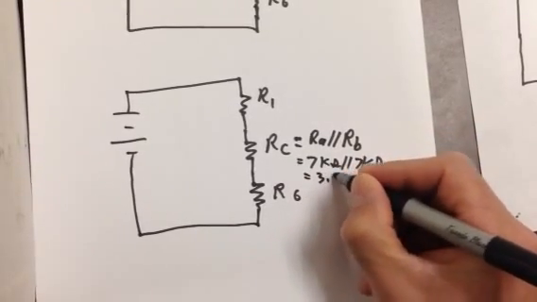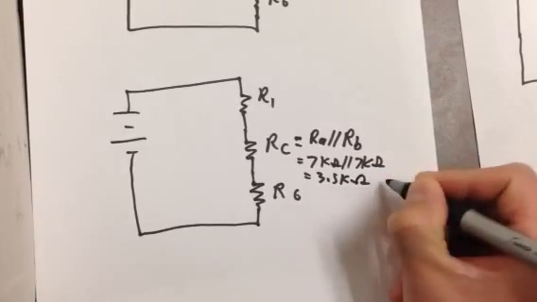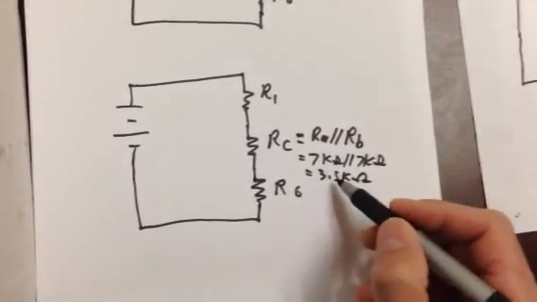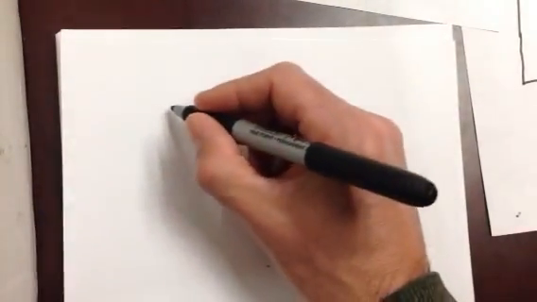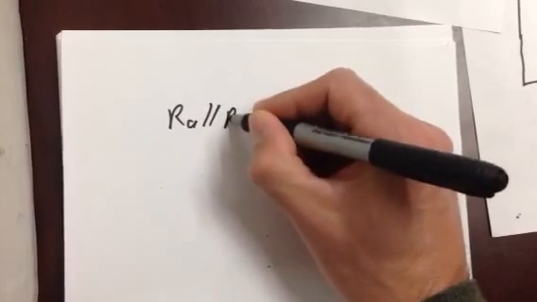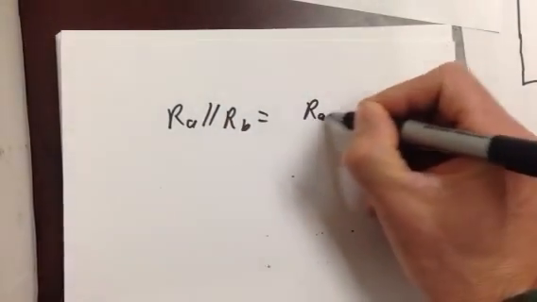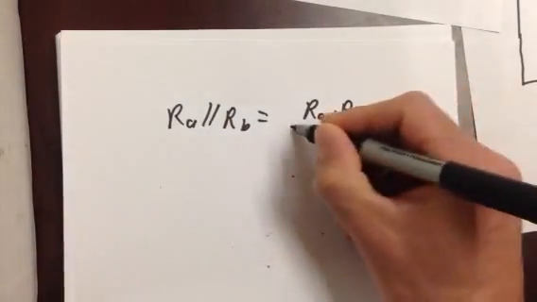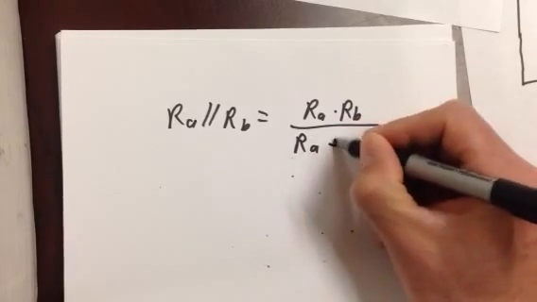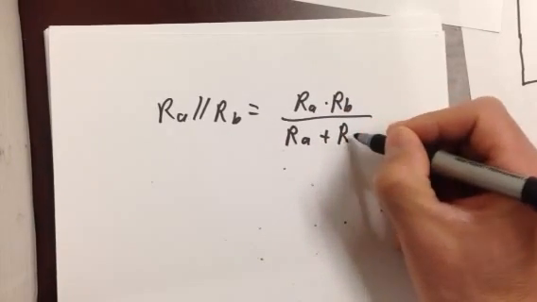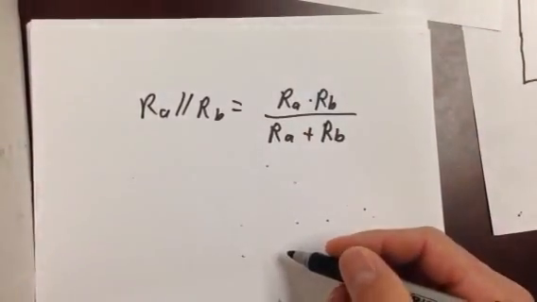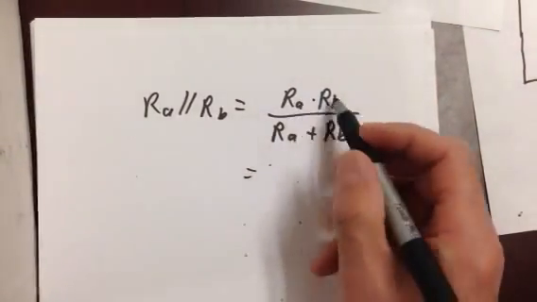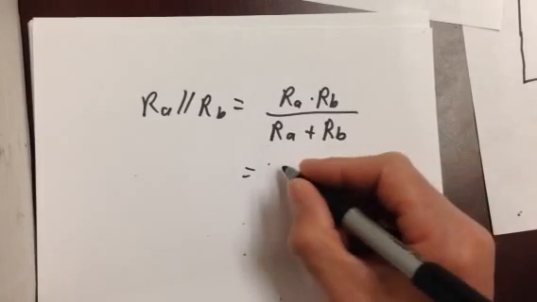which is 3.5 kiloohms. If you're not sure why that's 3.5, I can do a quick aside here. RA parallel to RB is equal to RA times RB over RA plus RB. If you use Ohm's law and a little bit of algebra, that formula readily appears. 7 times 7 is 49, 7 plus 7 is 14.